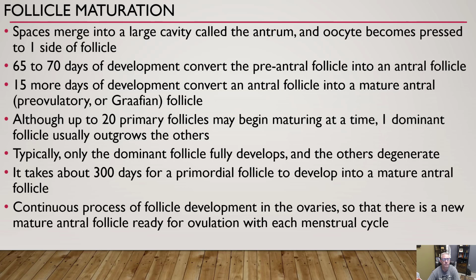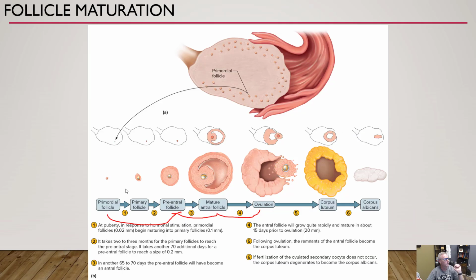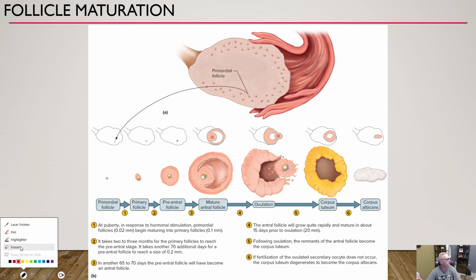All right. So for follicle maturation, as the follicle matures, that oocyte is going to become pressed to one side of the follicle. It takes 150 days to go from the primordial follicle to the preantral follicle.